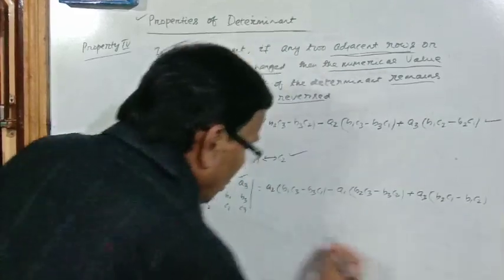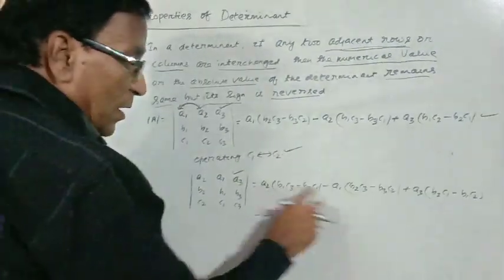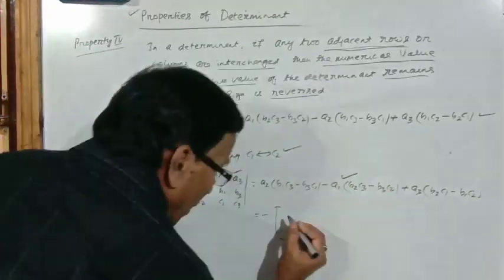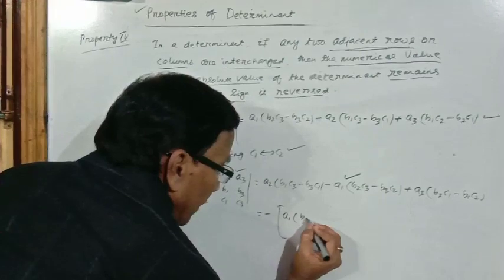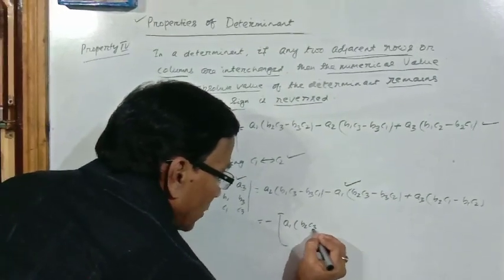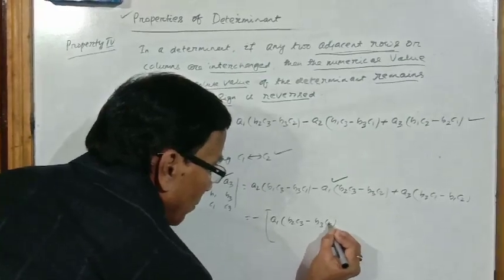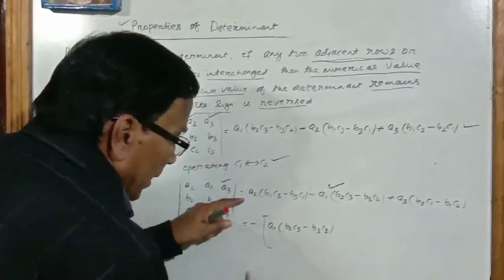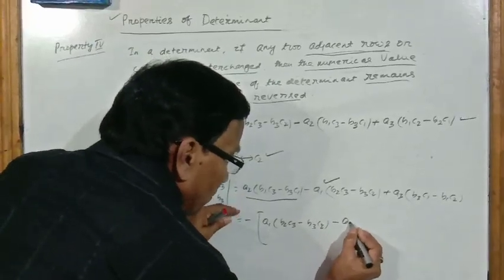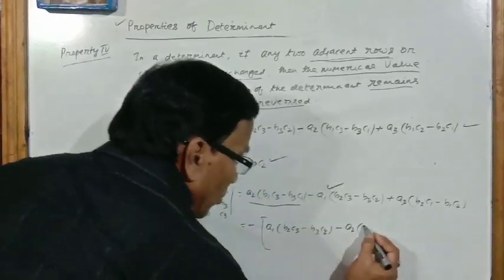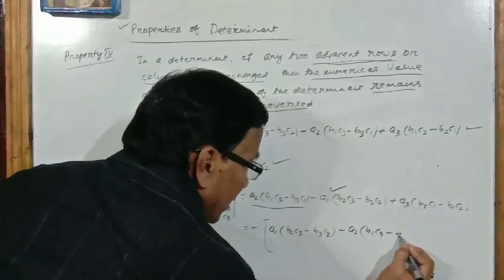So taking minus common, it is minus A1 into (B2 C3 minus B3 C2). Taking minus common, it will be minus A2 into (B1 C3 minus B3 C1).